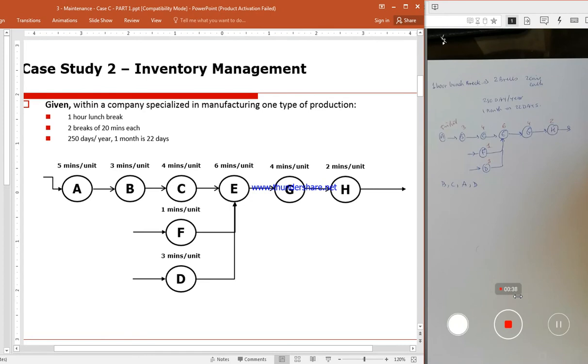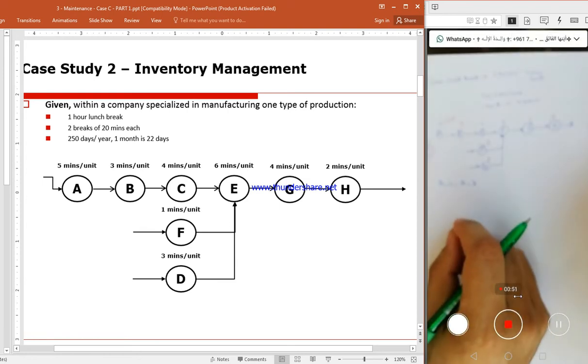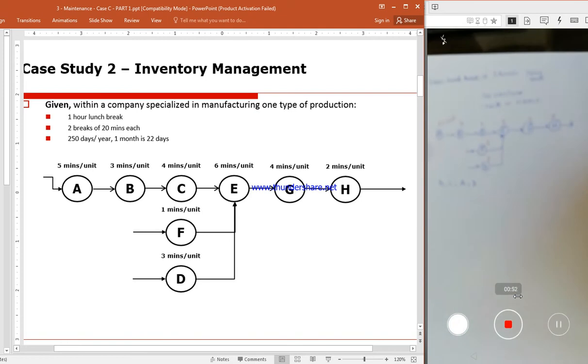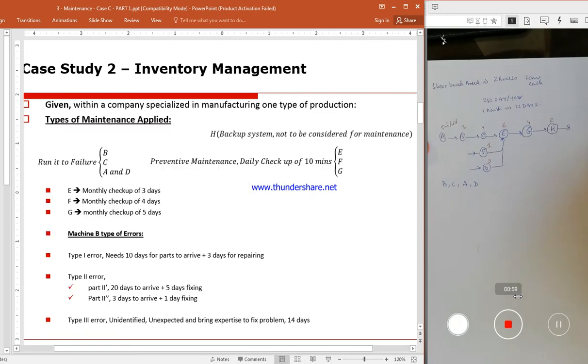As well, the processing time, as I've already mentioned on the paper, is 5 minutes per unit for A, 3 minutes per unit for B and C, all the way to step H and D. So, the given we have so far is that B, C, A, D are run to failure.